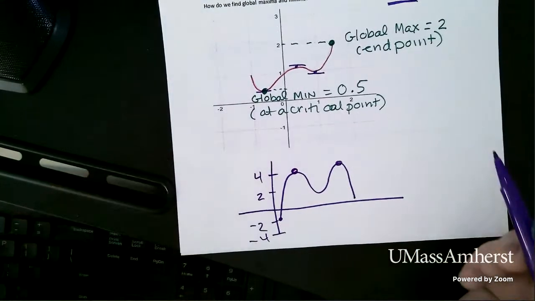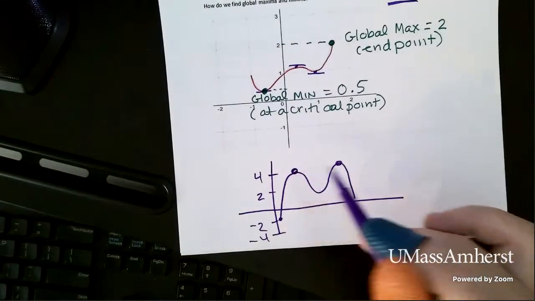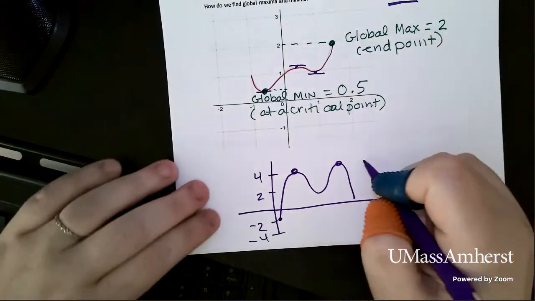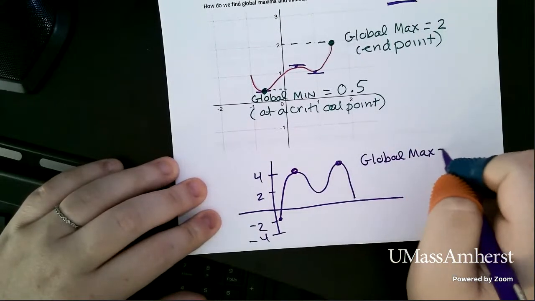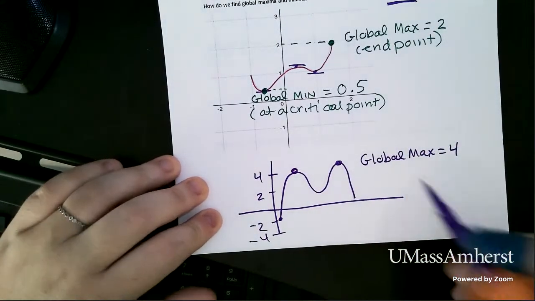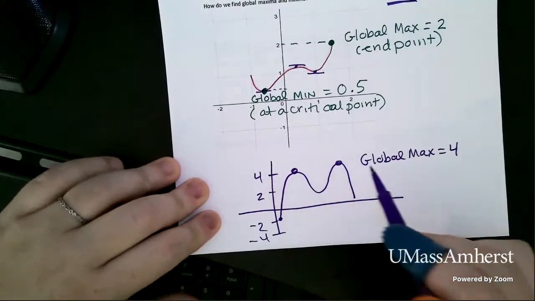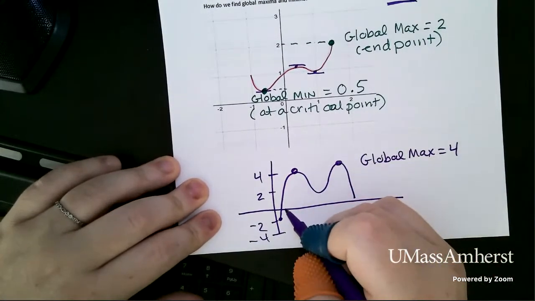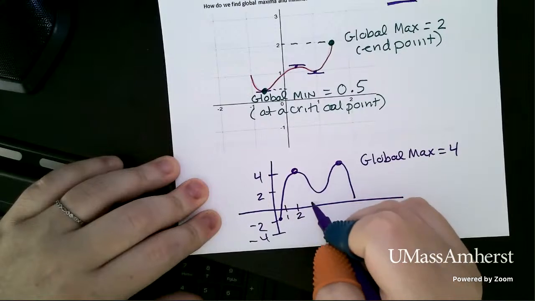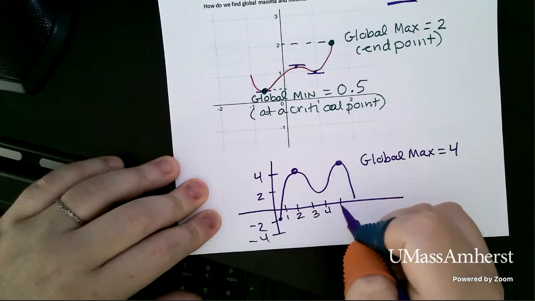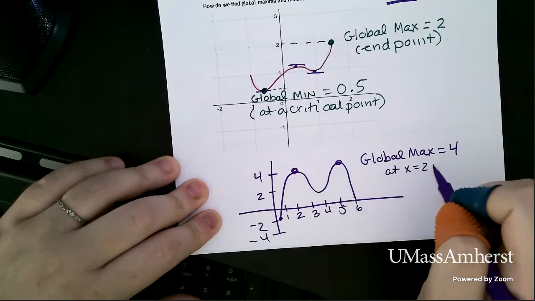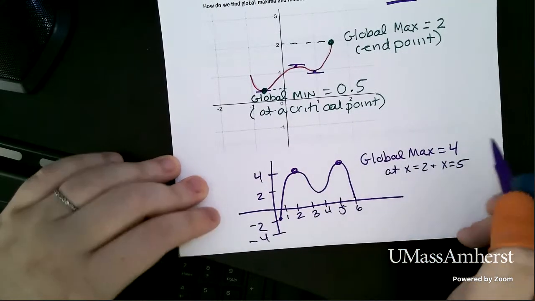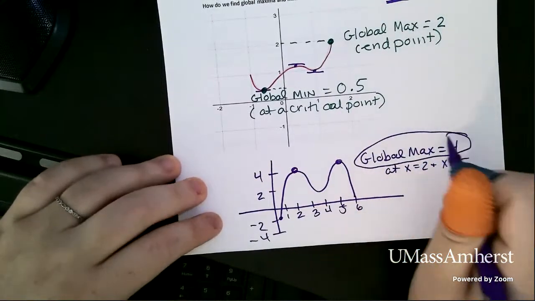You may think that there are 2 global maximums because there's 2 places it happens. But the global maximum here is the value 4. There's only one global maximum. It's 4. It can happen at more than one place, so it might happen at 2 and at 5. However, the global maximum, there's only one.